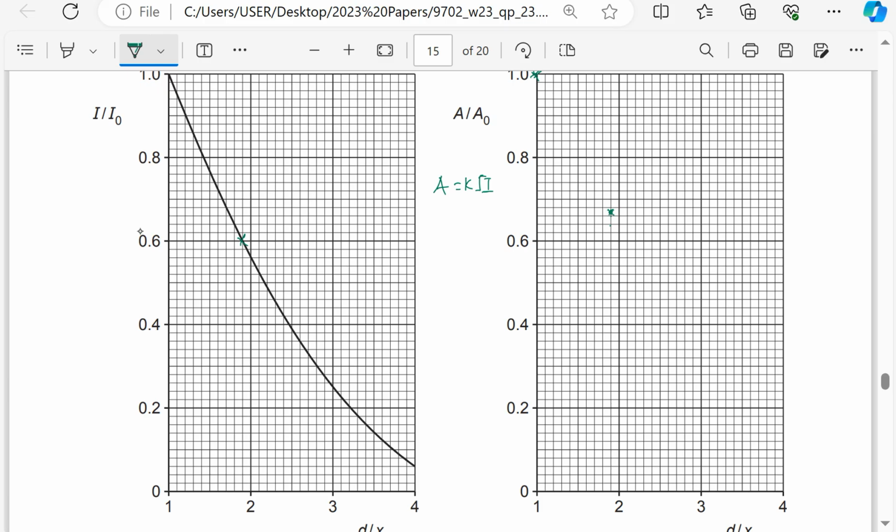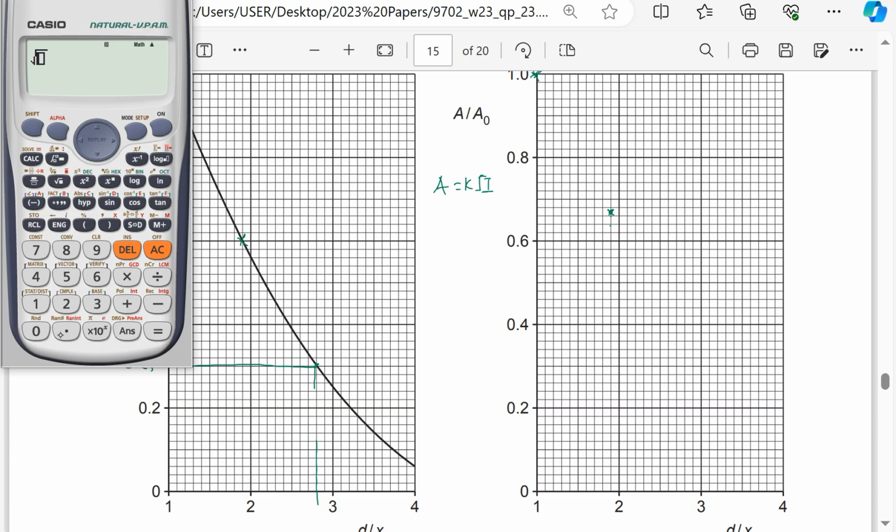Then I will check another point, such as this one here. That is 2.8. I is 0.25. So the root of 0.25 is a half, 0.5. So at 2.8, it should be 0.5, which is in the center here.